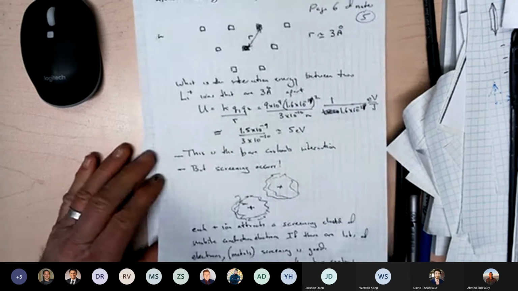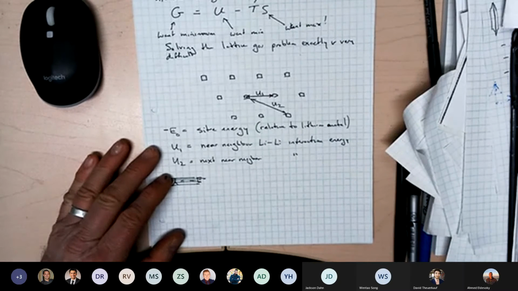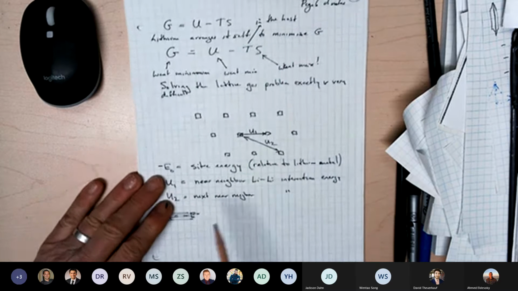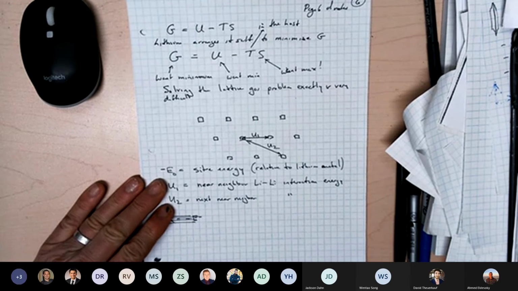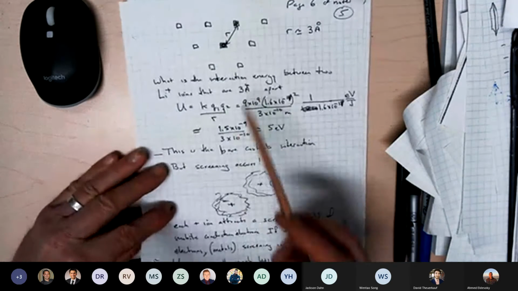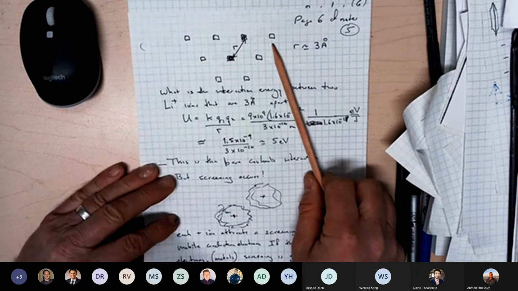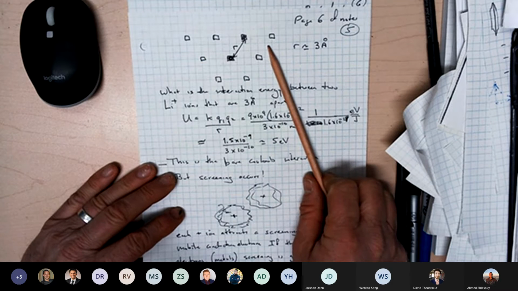All right, so let's continue here. What we have to do then is, as we fill up these sites with lithium, we know that any physical system always exists in the lowest possible free energy state.